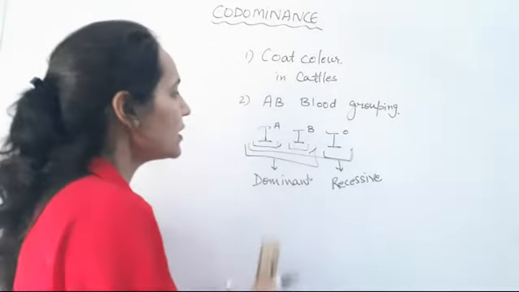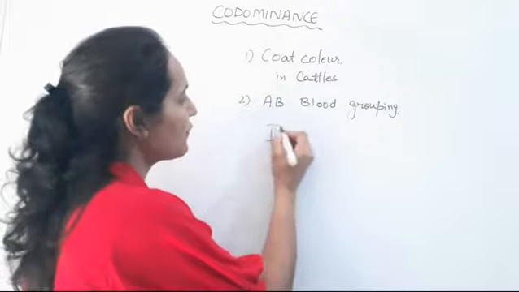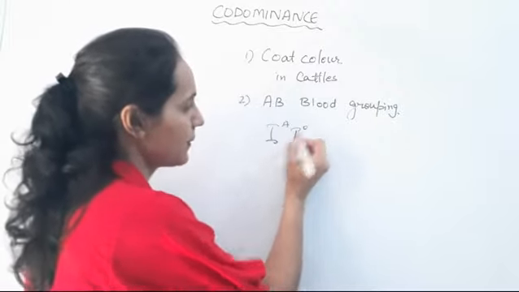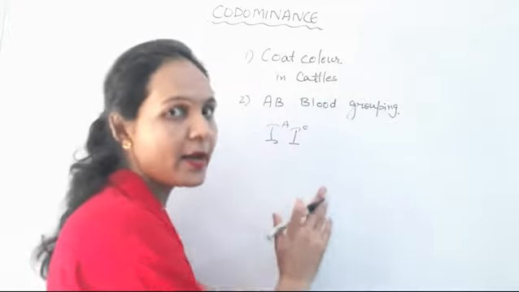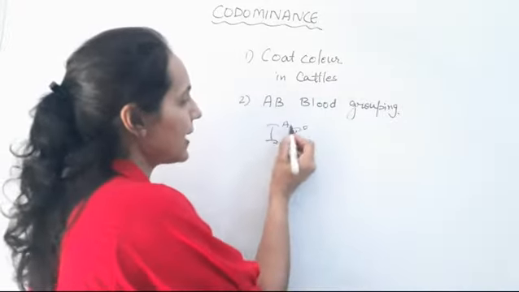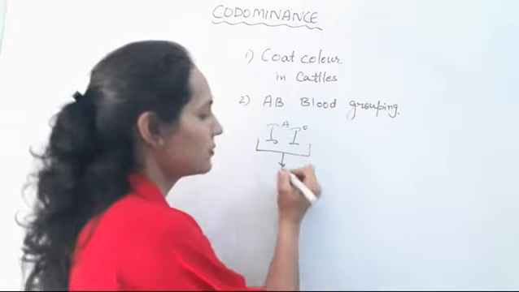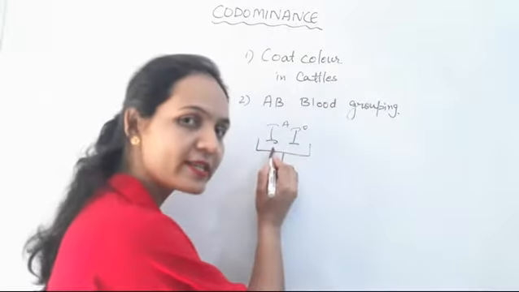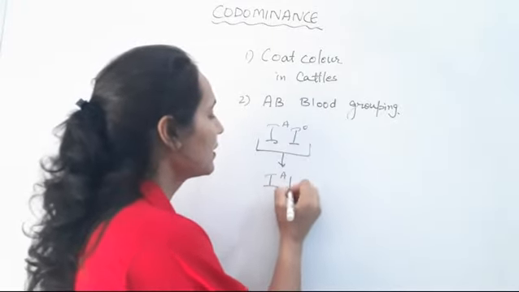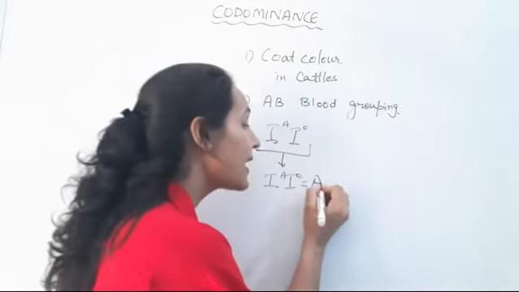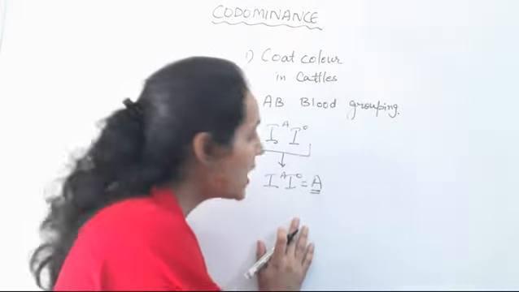Clear? You know that alleles always exist in pairs. So suppose IA and IO exist in a pair. What blood group will it be? The dominant gene always expresses itself. The blood group will be A, because it synthesizes certain proteins on the membrane of the RBC.